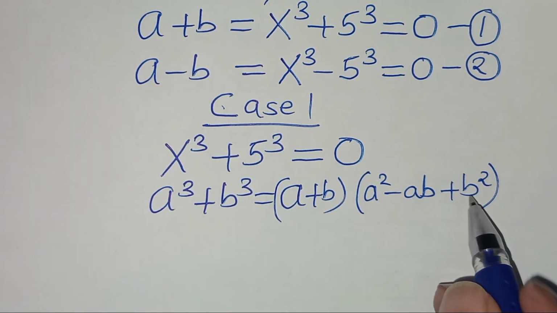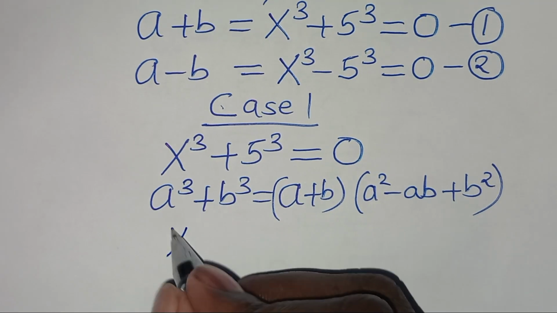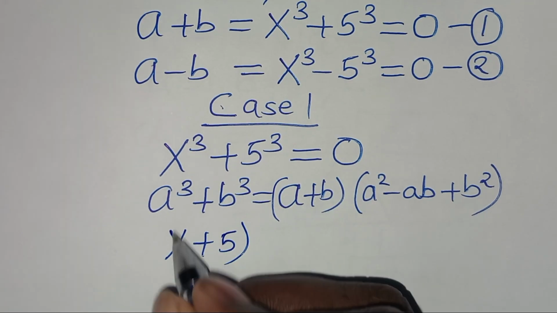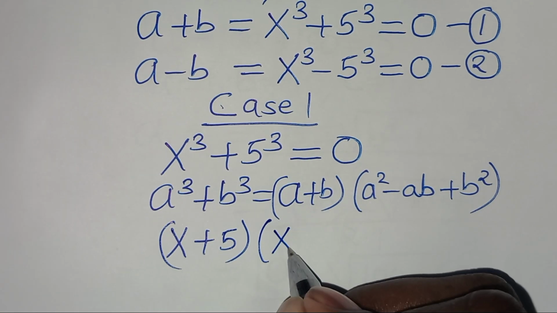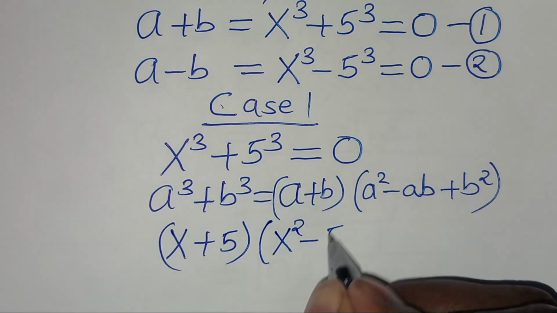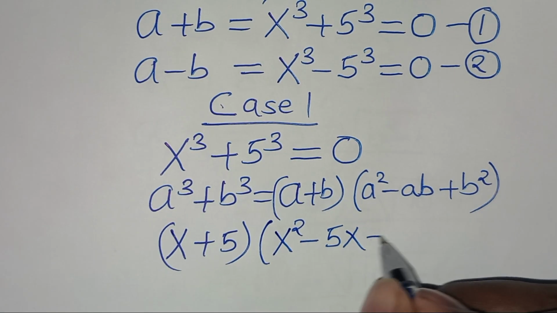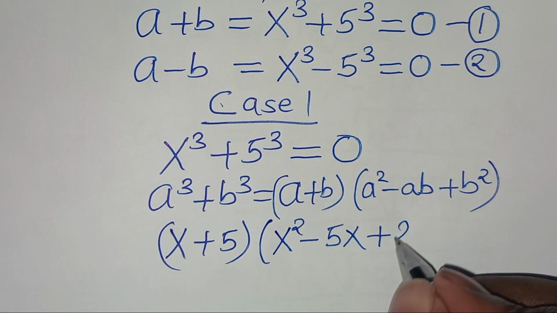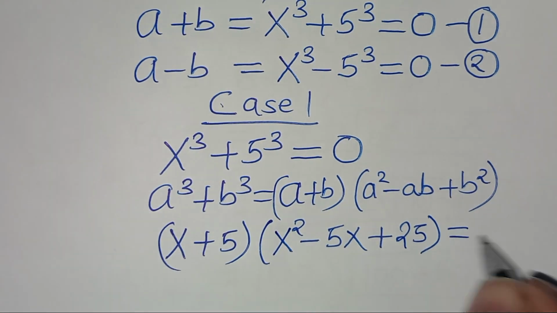Applying this identity, from here we have x plus 5, then x squared minus 5x plus 5 squared, which is 25, equal to 0.